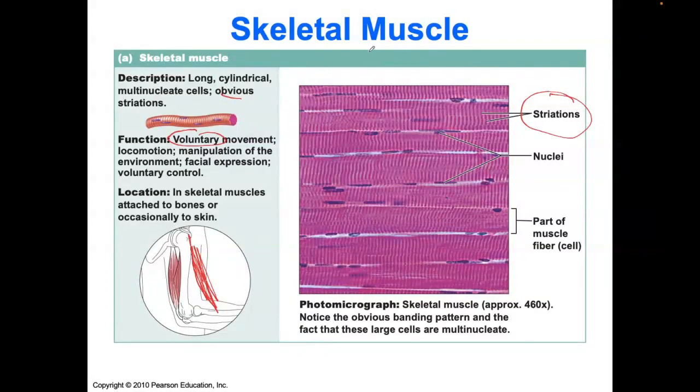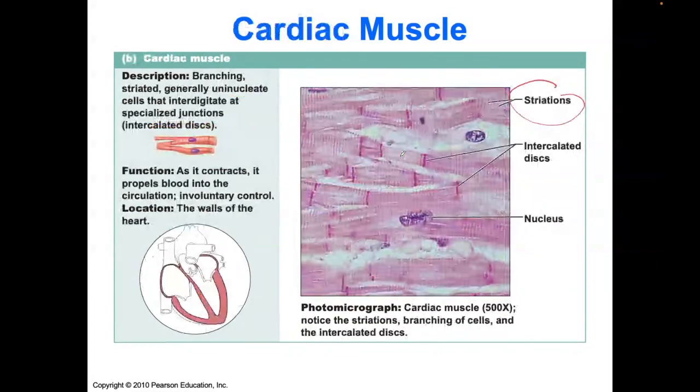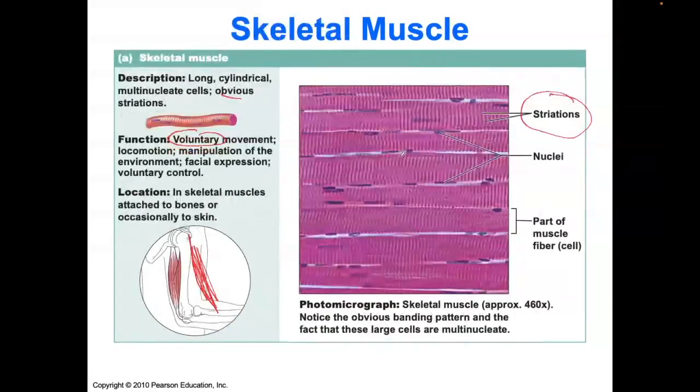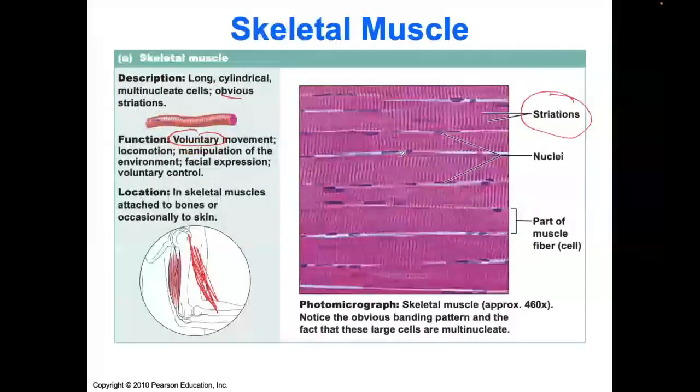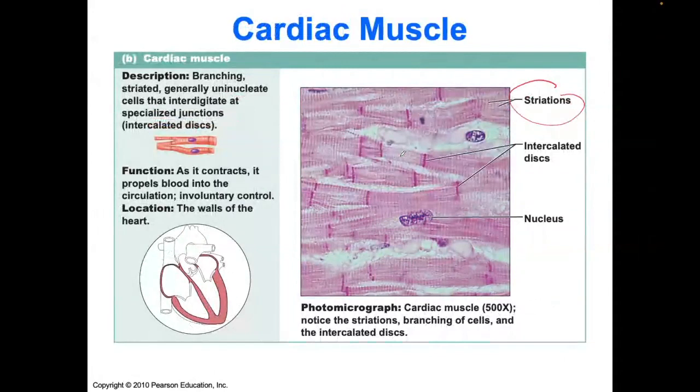But notice under the microscope, notice skeletal muscle, notice how tightly parallel all these fibers are, and let's compare that to cardiac. If I go back and forth, you can see the striations, but what's different is that in cardiac, it's branched.